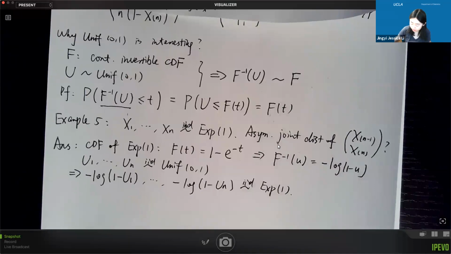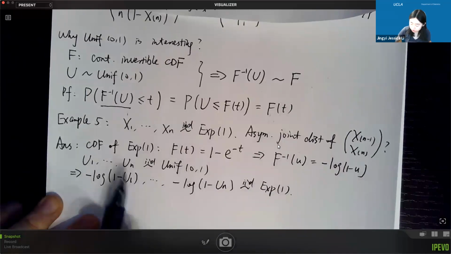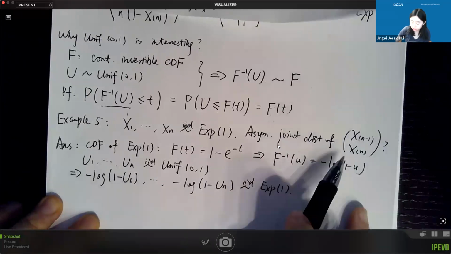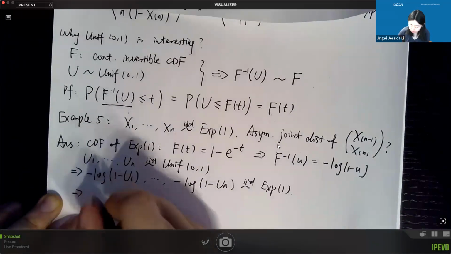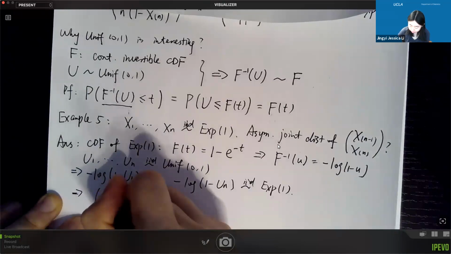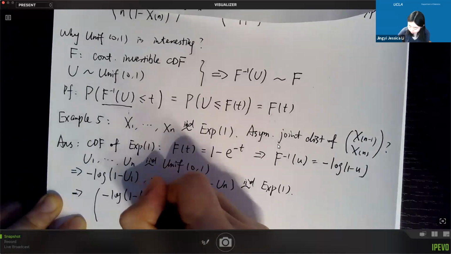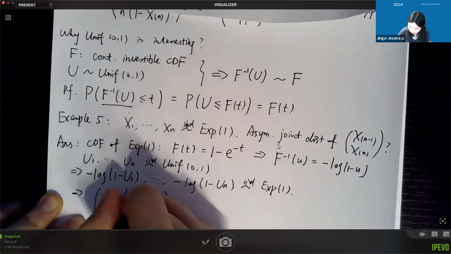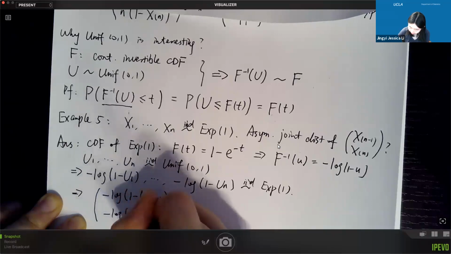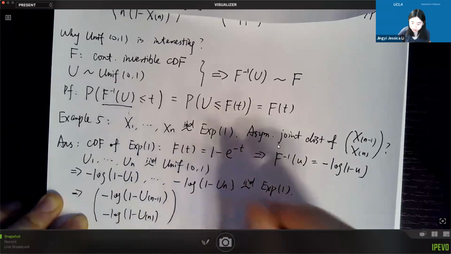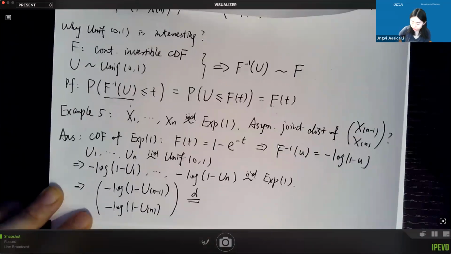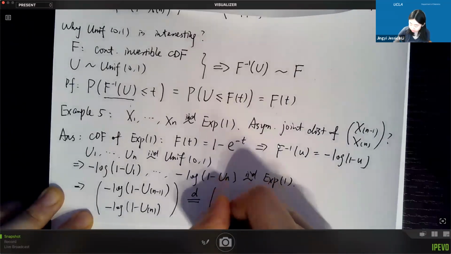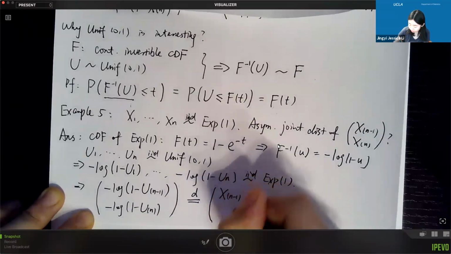In other words, the second largest and the largest of U, after transformation, become the second largest and largest of X. So negative log(1 minus U_{n-1}) and negative log(1 minus U_n) have the same distribution as X_{n-1} and X_n. Here I just write equal in distribution.